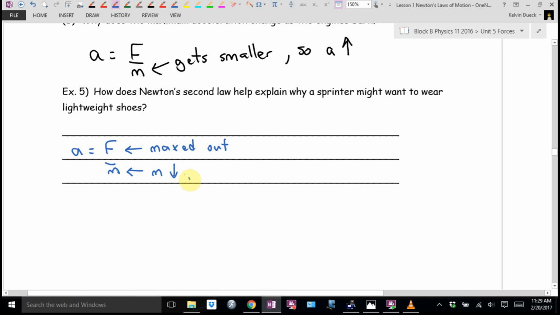As M decreases, A increases. It's why the sprinters wear very lightweight clothing and low mass shoes. You don't want to run a sprinter's race in work boots, but here's the physics of why.